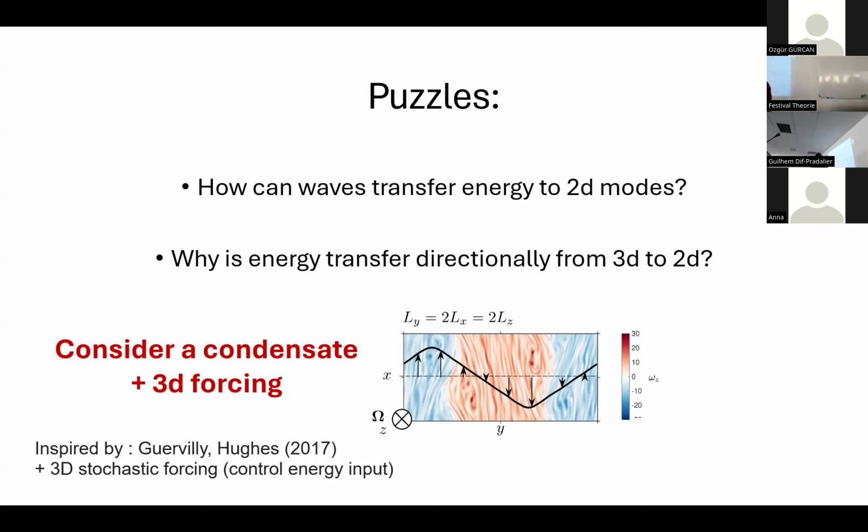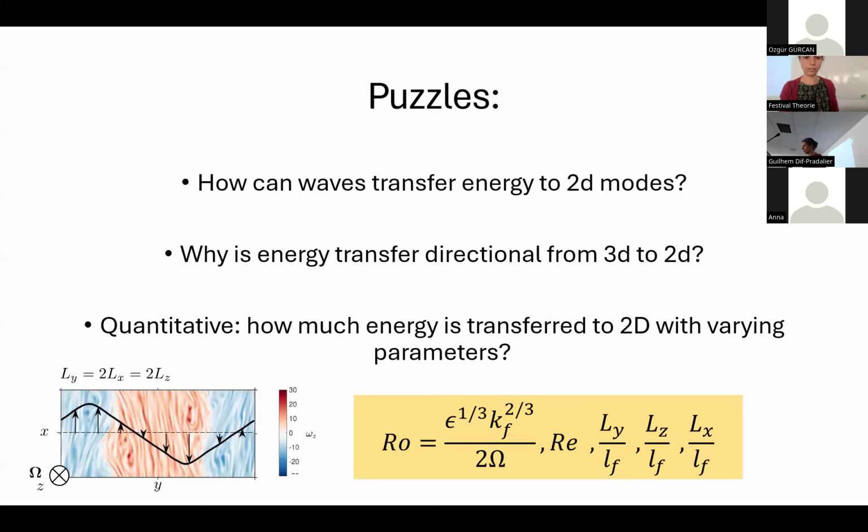So we can control the energy directly, and most of the energy is input into 3D modes and not into 2D modes. And the more quantitative question that we'd like to answer is: we have at least 5 dimensionless parameters in this problem.